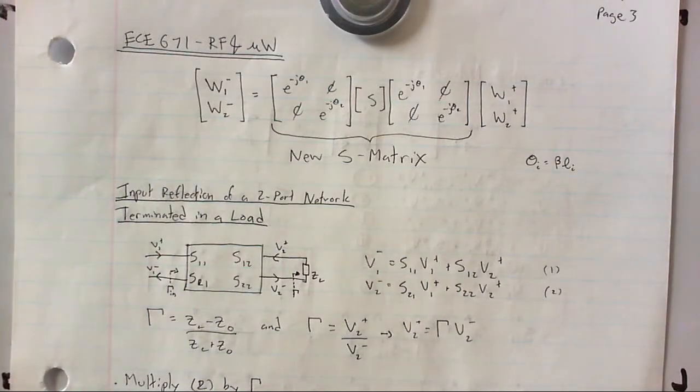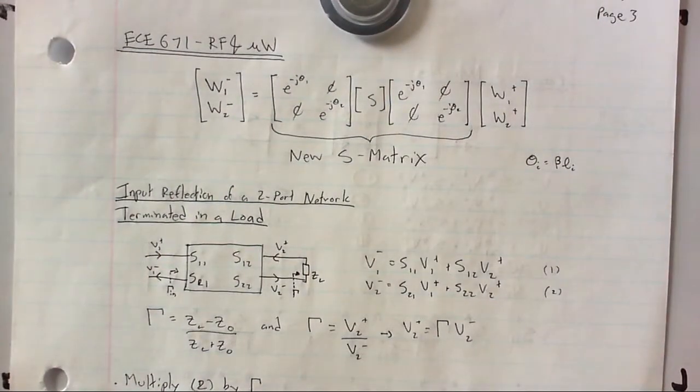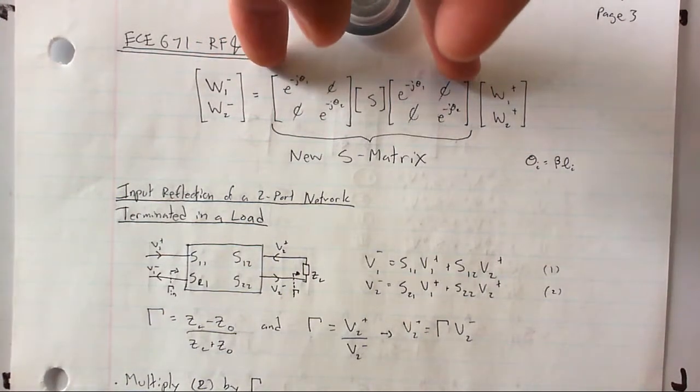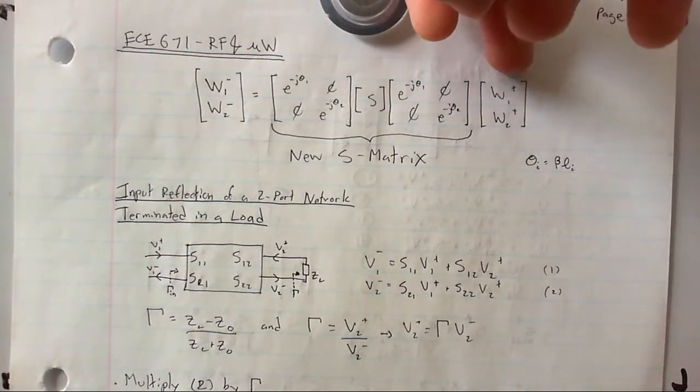Well, our resultant reflected waves, at the ends of those transmission lines, W1 minus and W2 minus (go back in the video if you need to refresh yourself as to exactly where those signals are being measured), are going to be equal to our new scattering matrix times the inputs at the ends of those transmission lines.